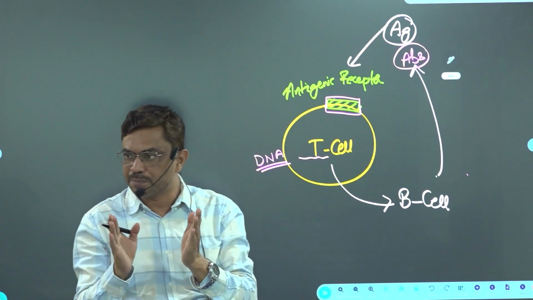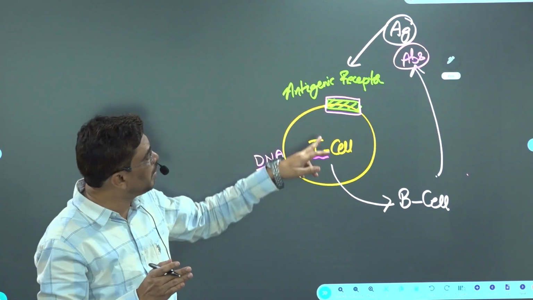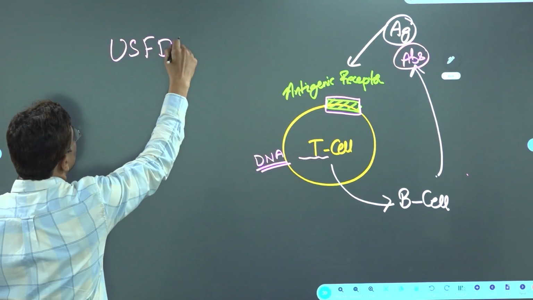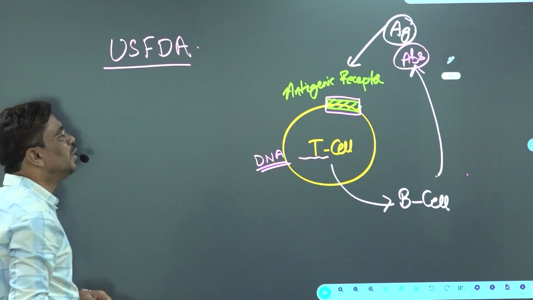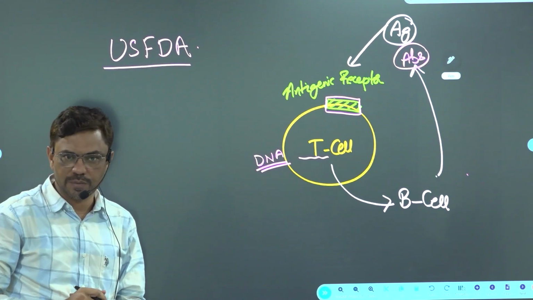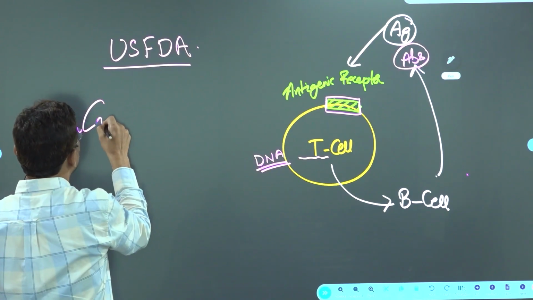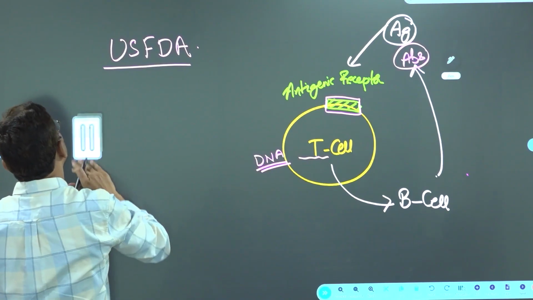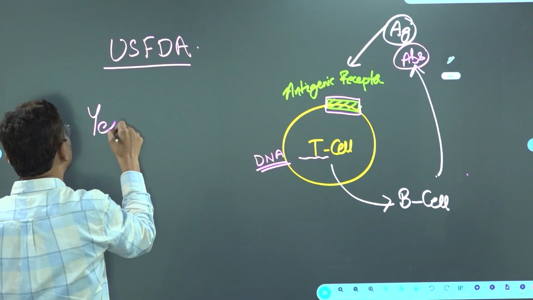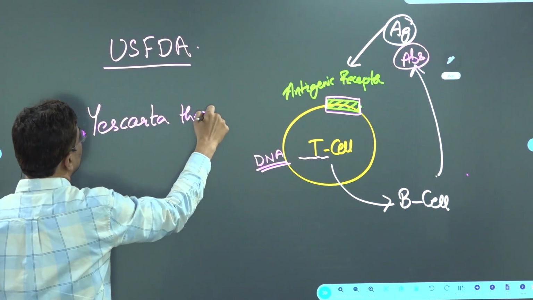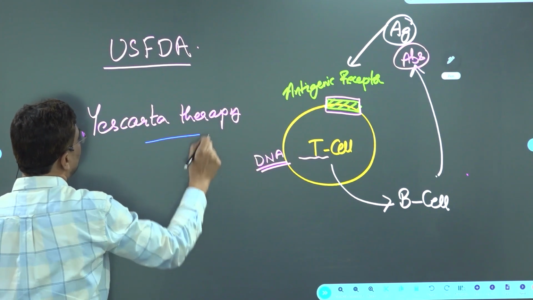This type of gene therapy has been developed by the scientists, and it has been approved by the US FDA, the US Food and Drug Administration. This is called Yescarta therapy. You remember this one?